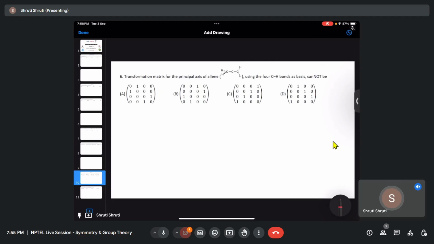Next question: the transformation matrix for the principal axis of allene using the four CH bonds as basis cannot be which of these. Let's name the hydrogen atoms 1, 2, 3, 4.